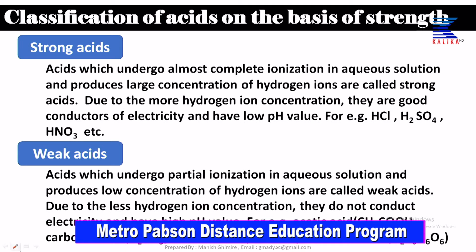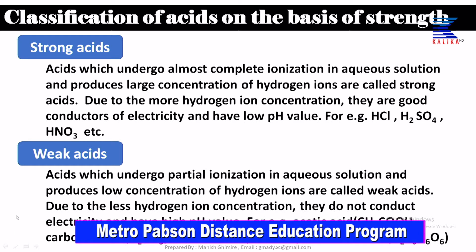See there the screen, there are two types of acids discussed. Classification of acids on the basis of their strength, means how strong they are and how weak they are. The first paragraph is about strong acid. Strong acids are those acids which undergo almost complete ionization in aqueous solution and produce large concentration of hydrogen ions.